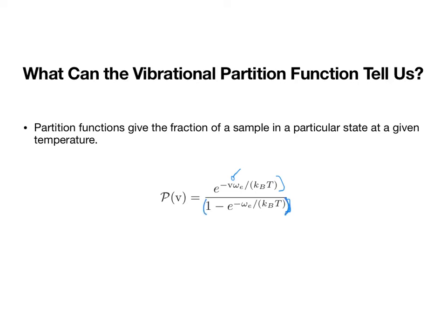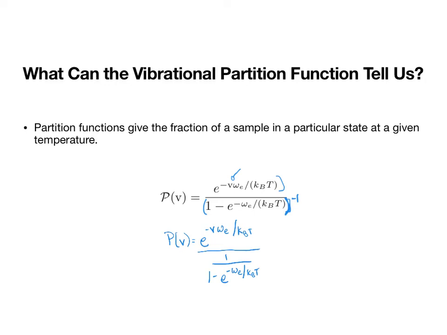I will change this in the slides because this bottom is 1 over that. This should be a fraction, so P of V is equal to e to the minus V omega e divided by k_B T, all divided by 1 over 1 minus e to the minus omega e divided by k_B T.